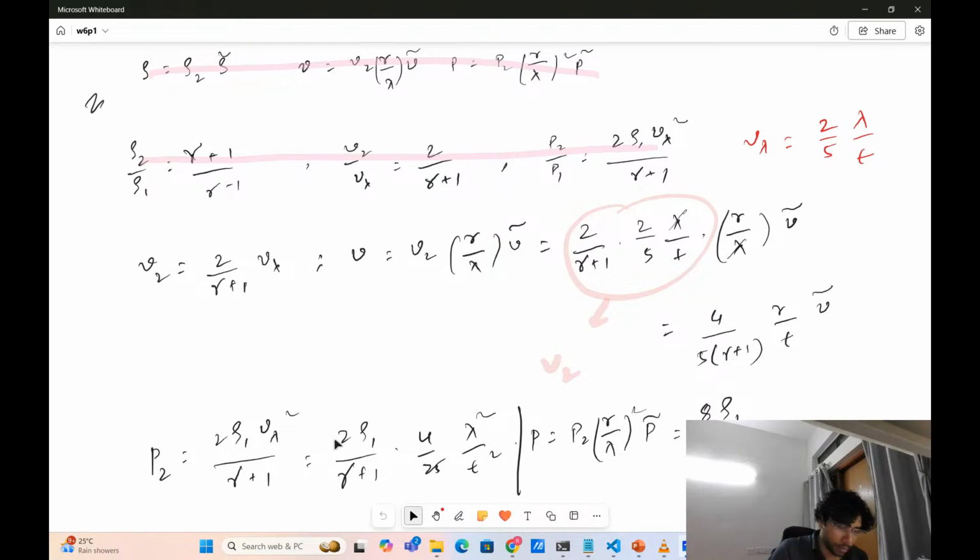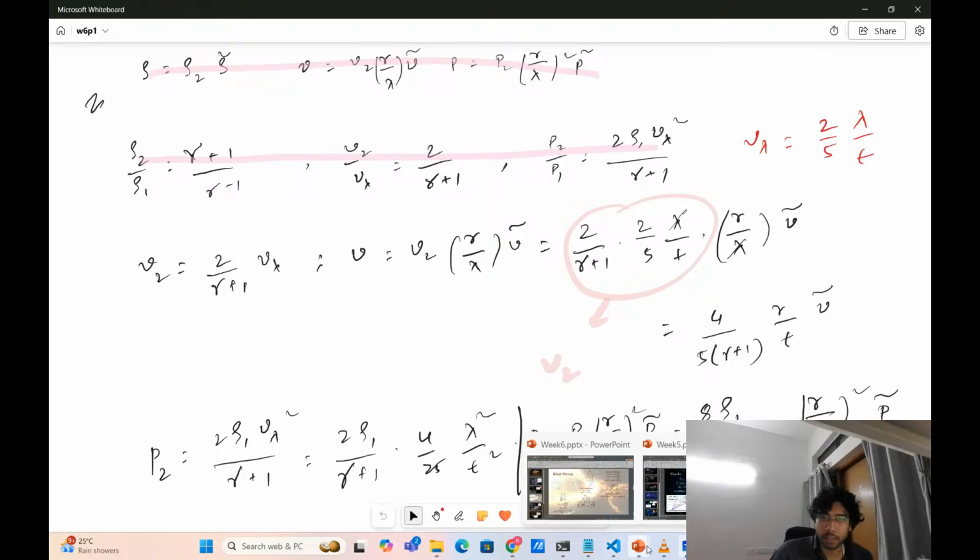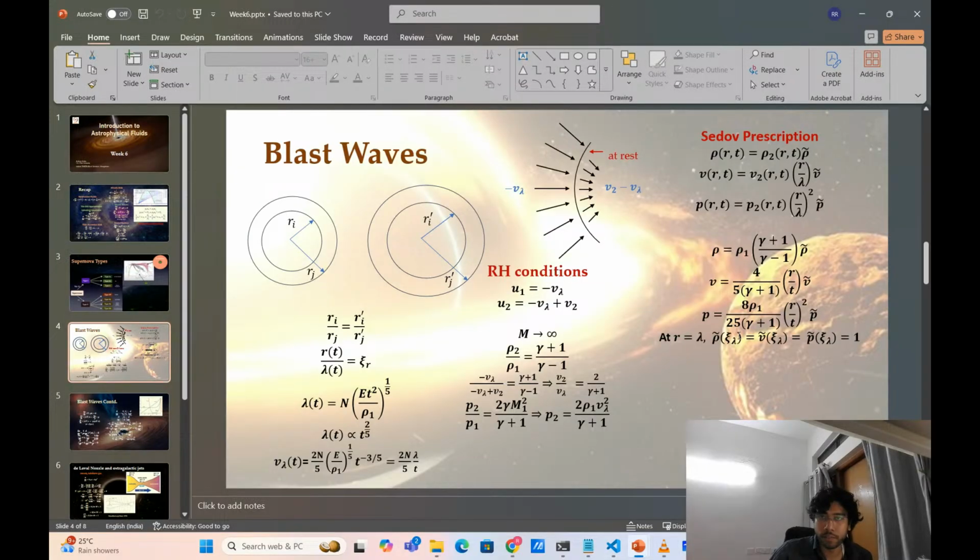We're left with (r by t) whole square P tilde. So this is the expression, and that is what we have open here: 8 rho 1 by 25 (gamma plus 1) (r by t) whole square P tilde.